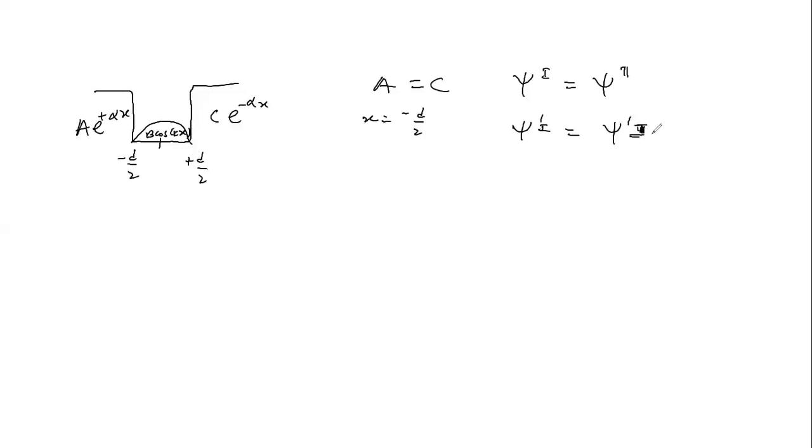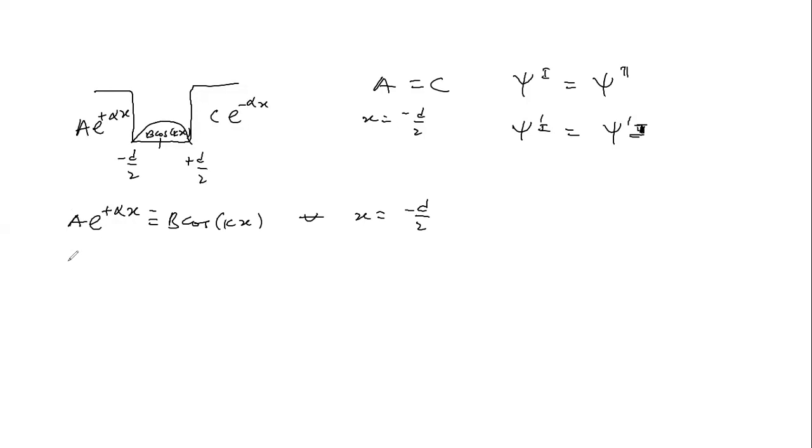Now, if that is clear, then for our first and second boundary, it means that A E^(+αx) is the same as B cos kx, okay? This is for x being the same as negative d over 2. And then we can now resolve when x is this.